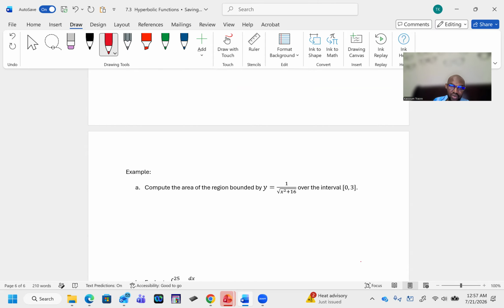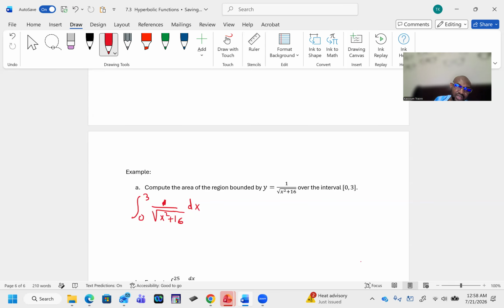So the region bounded by this will be finding the integral from 0 to 3 of 1 over the square root of x squared plus 16 dx. Or we can see this is the same thing as if you multiply 1 by dx over.